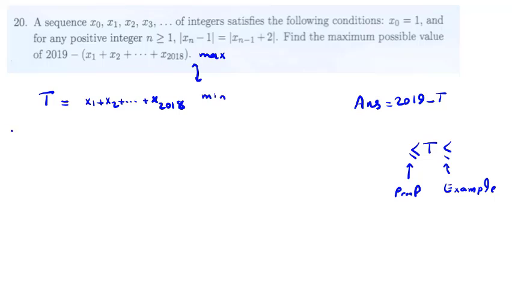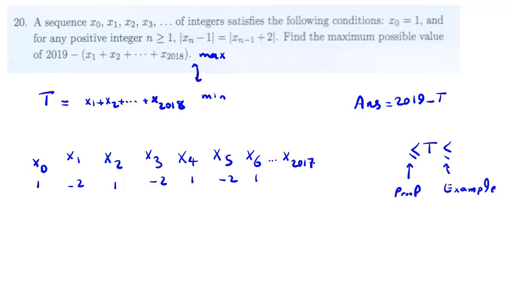So I find an example. I say, okay, x0 is 1. If I replace 1 here, 1 plus 2, 3. x1 can be negative 2. If I replace negative 2, it will be 0, so x2 is 1. x3 negative 2, x4 1, x5 negative 2, x6 1, and so on, x2017 negative 2, and x2018 positive 1.